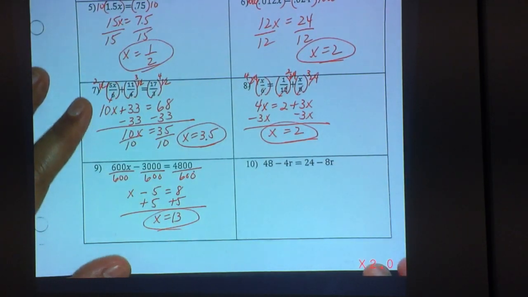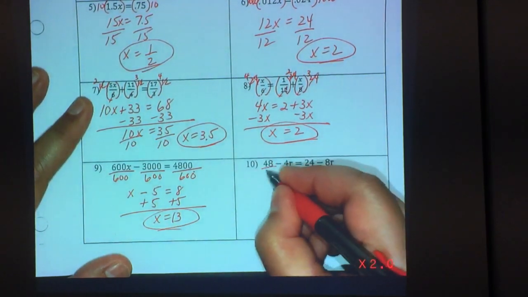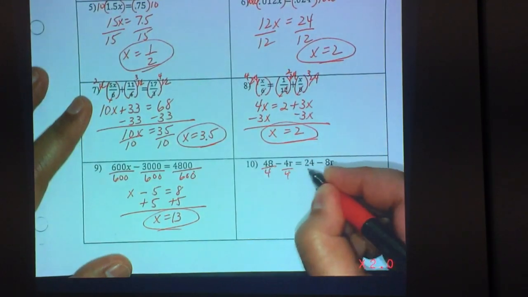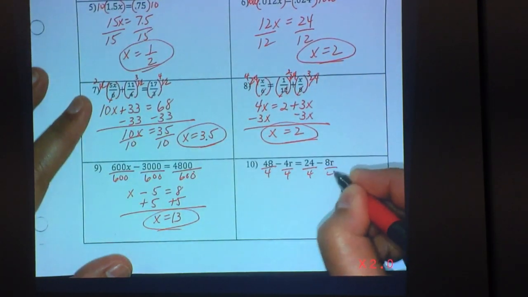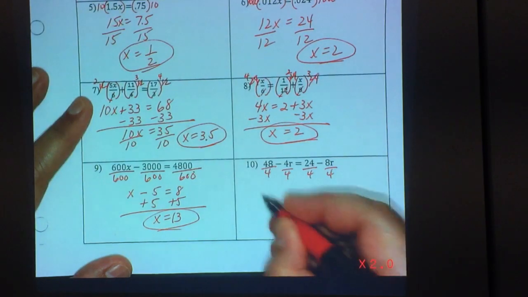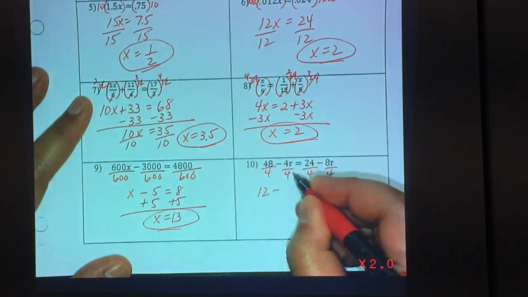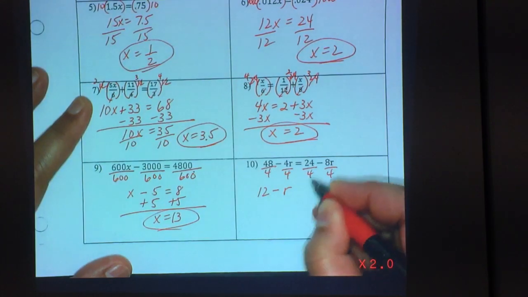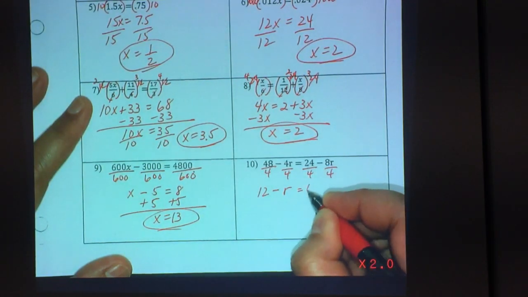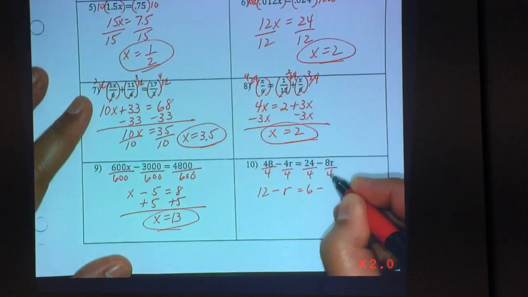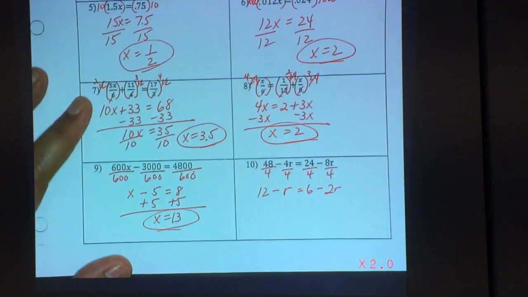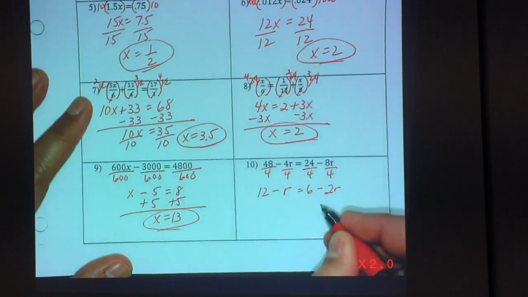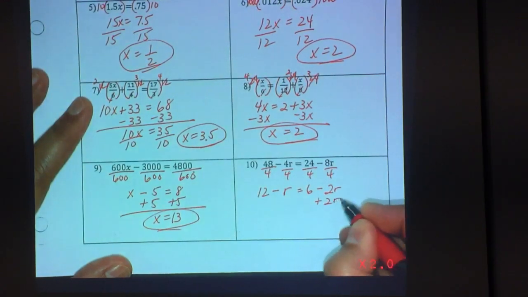This one we're going to divide by 4. 48 divided by 4 is 12. 4 divided by 4 is 1. We'll make that minus r. 24 divided by 4 is 6. And 8 divided by 4 is 2. Again, I don't like that negative on my coefficient, so we're going to add 2r.